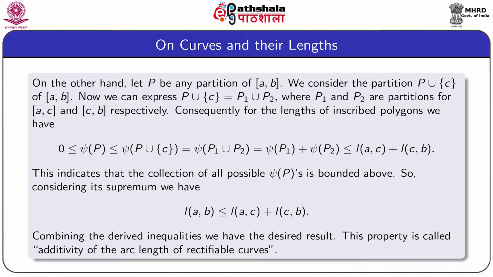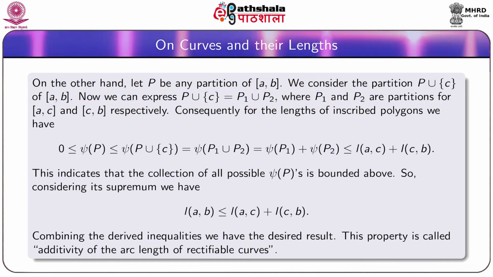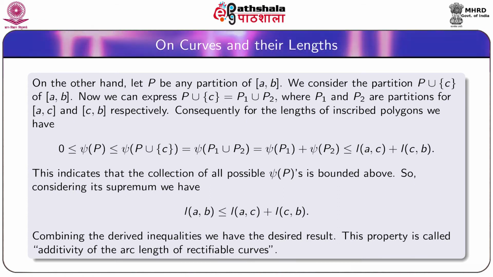On the other hand, let P be any partition of [a,b]. We consider the partition P union singleton c. Clearly, this is a refinement of P. Now, we can express P union singleton c equals P1 union P2, where P1 and P2 are partitions for [a,c] and [c,b] respectively.